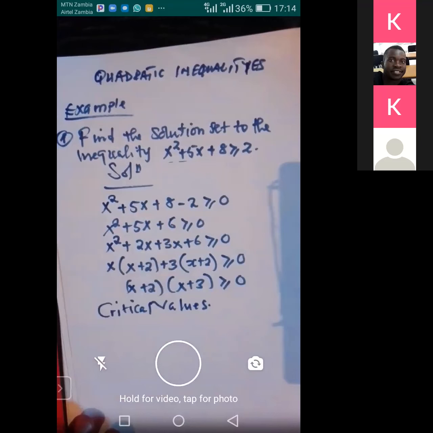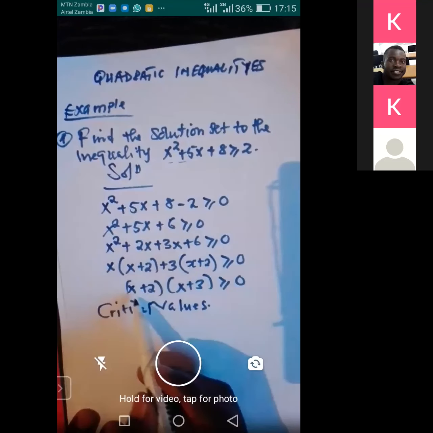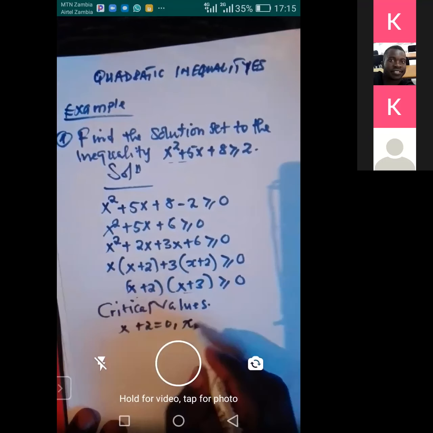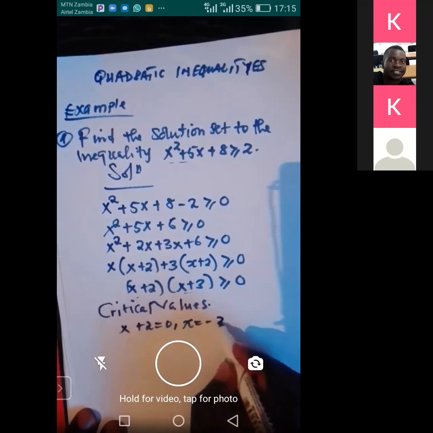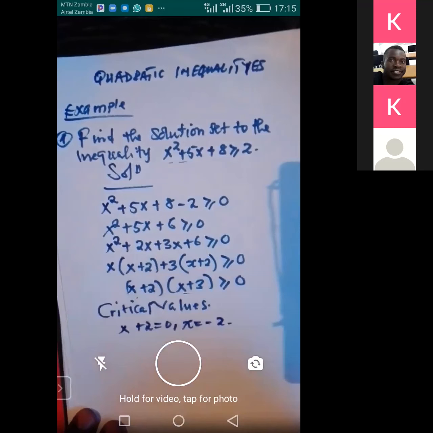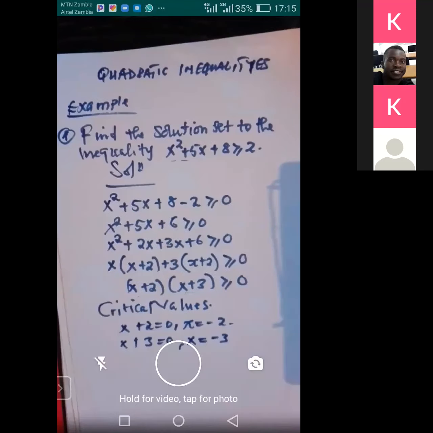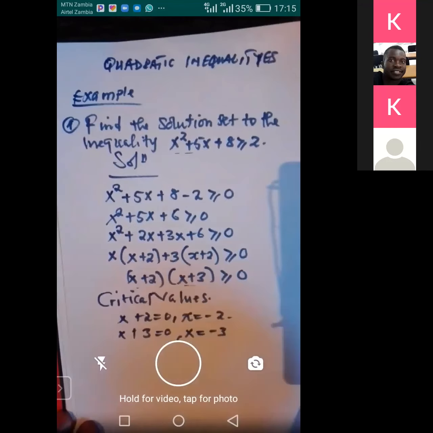So we have x plus 2 being equal to 0, then x is equal to minus 2, then x plus 3 being equal to 0, which will imply x is equal to negative 3. Then these are the critical values. So the way we're going to deal with these critical values is as follows. You're going to make this table.